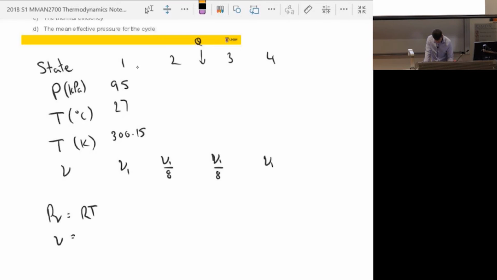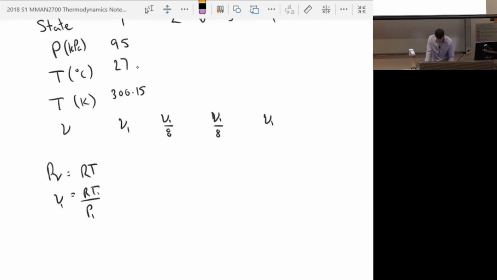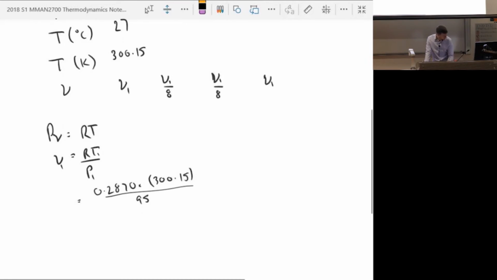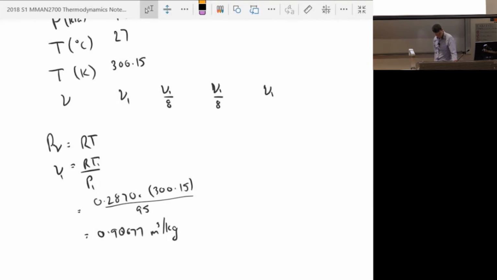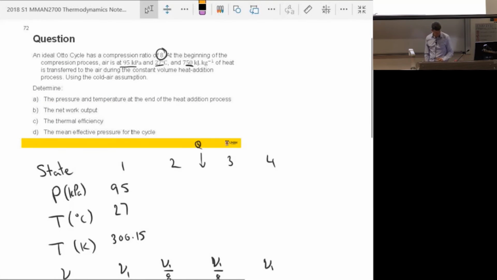V equals RT on P. So V1 equals RT1 on P1 equals 0.287 times 300.15 divided by 95. So we can actually work out what V1 is. We can't calculate the total volume because we don't know the displacement volume of the cylinder.